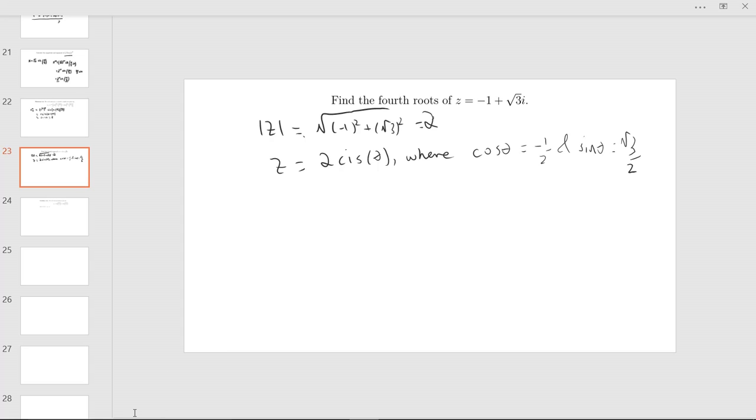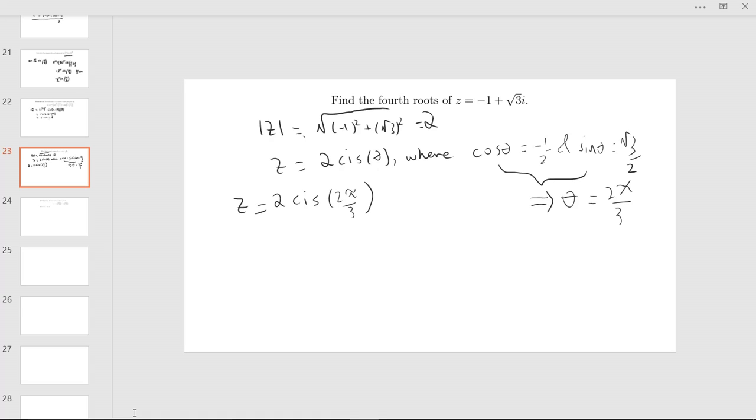Notice that these two conditions imply that theta is equal to 2 pi over 3 or 120 degrees. So from this, we write z is equal to 2 cis 2 pi over 3.